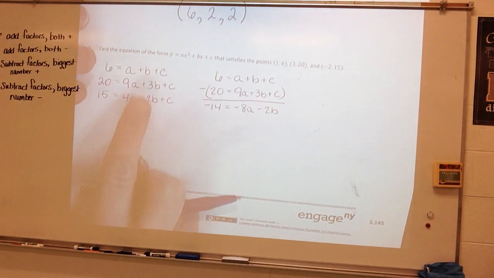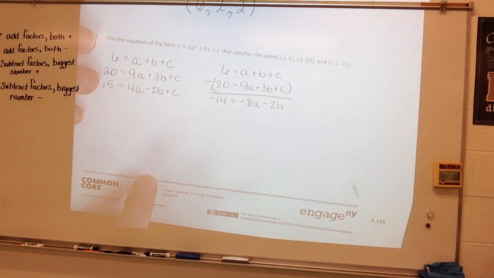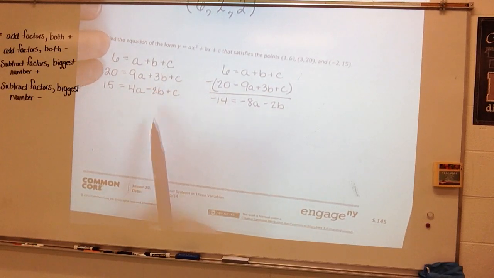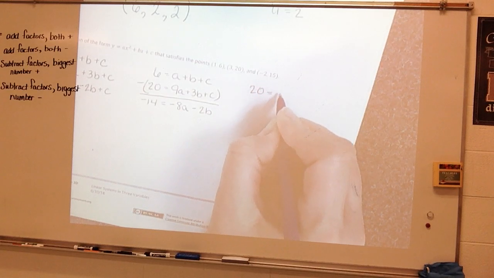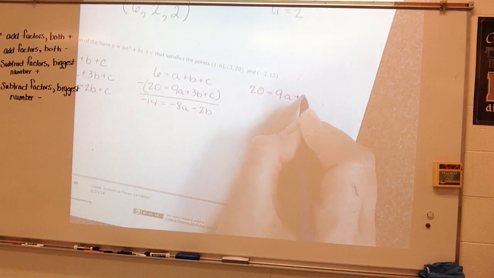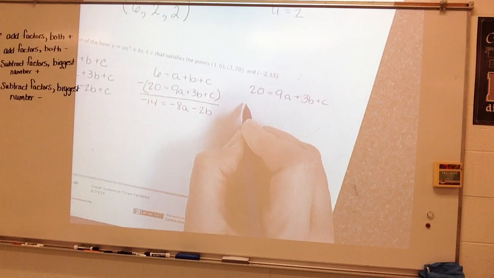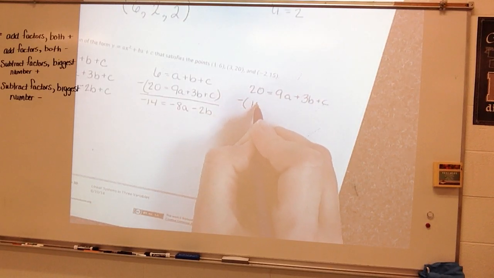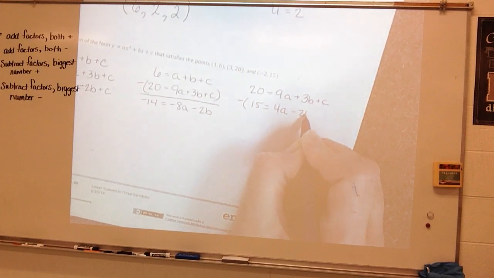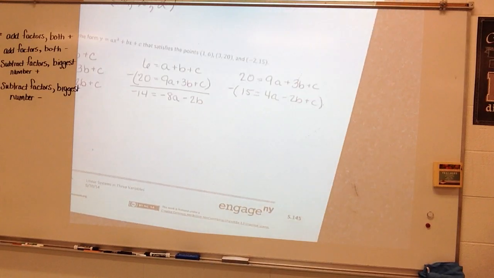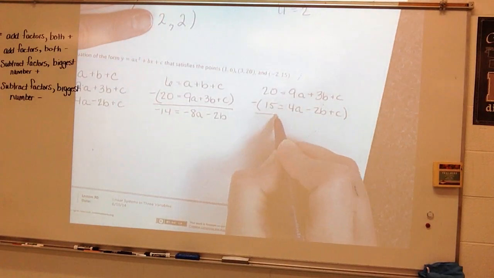Now I'm going to do the same thing here. So I'm going to subtract the second and third equation. And then that's going to give me 2 equations that have 2 variables. So we're going to subtract the second equation.